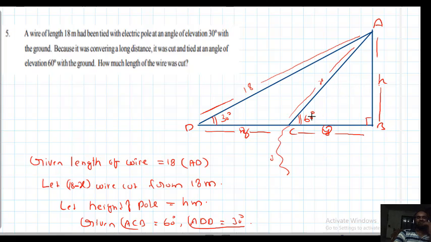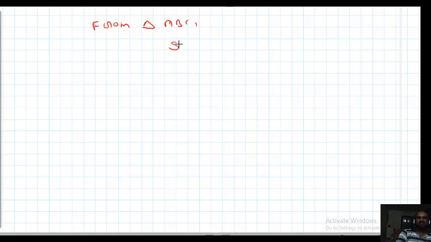Sin function I want to use, opposite side by hypotenuse. Sin 60 equal to h by x, root 3 by 2 equal to h by x. H I want to make subject. So h equal to root 3 by 2 into x. Let it be equation number 1.